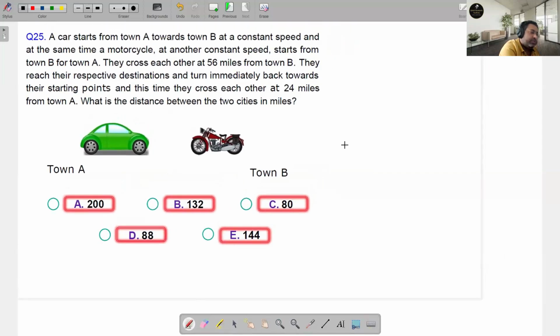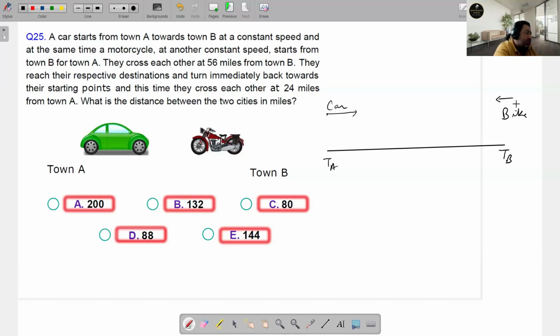Let's understand this. So you have here a town A and you have a town B here. The bike starts from here and the car starts from here.